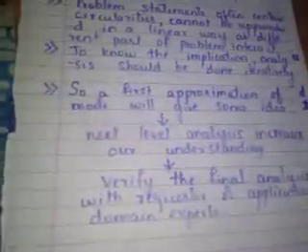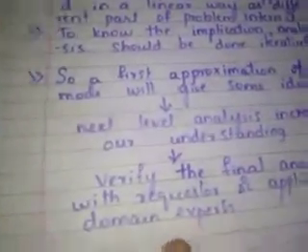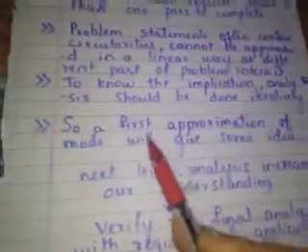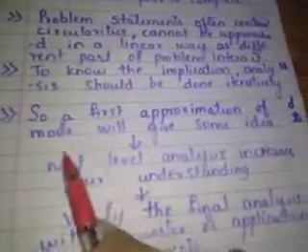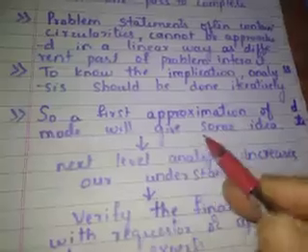So like this, once I go on doing the analysis again and again, more understanding will develop regarding my application and it will be very much important for understanding it. That's why we say the first approximation will be giving us some idea.